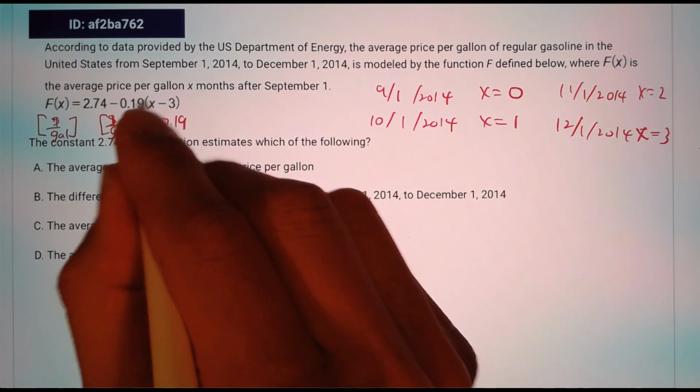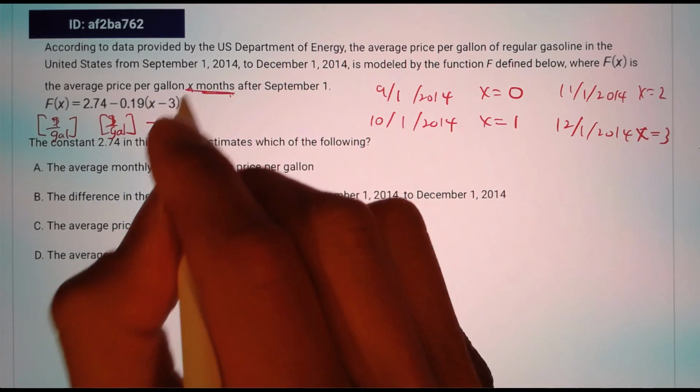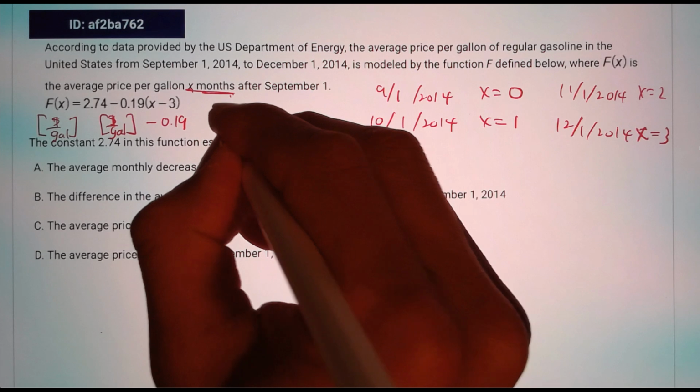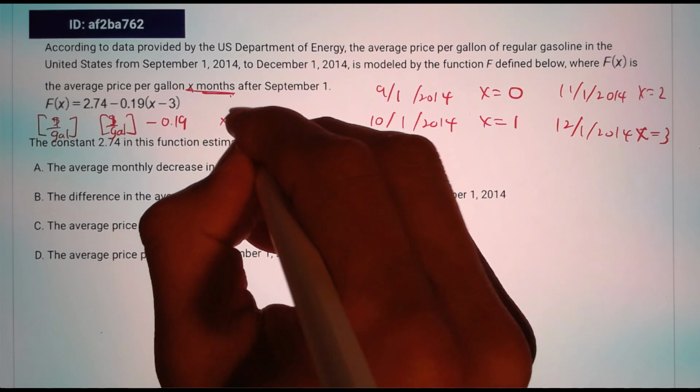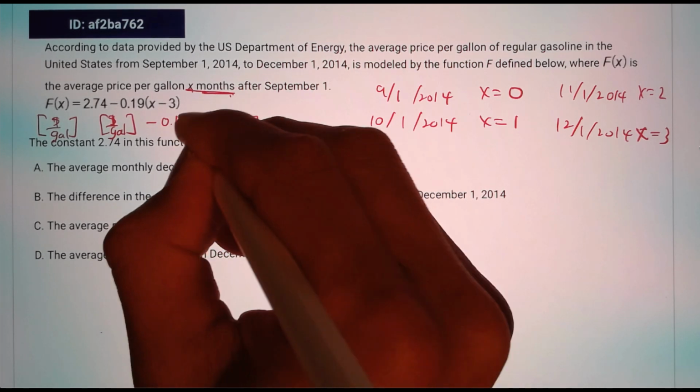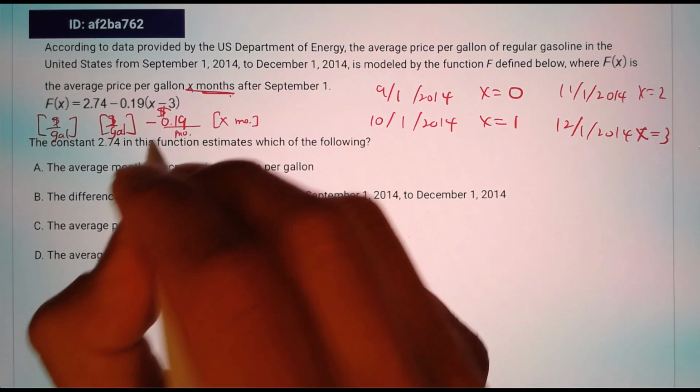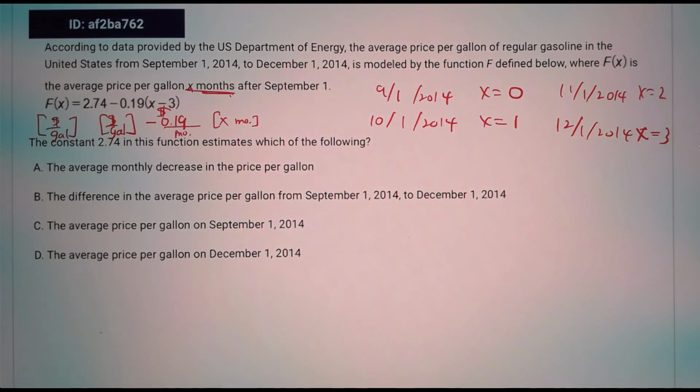But we know that x is the number of months since September 1st. So x is a month. Okay, we got the month. Then this 0.19 is dollar per month. So it's like a decrease of the gasoline rate per month.